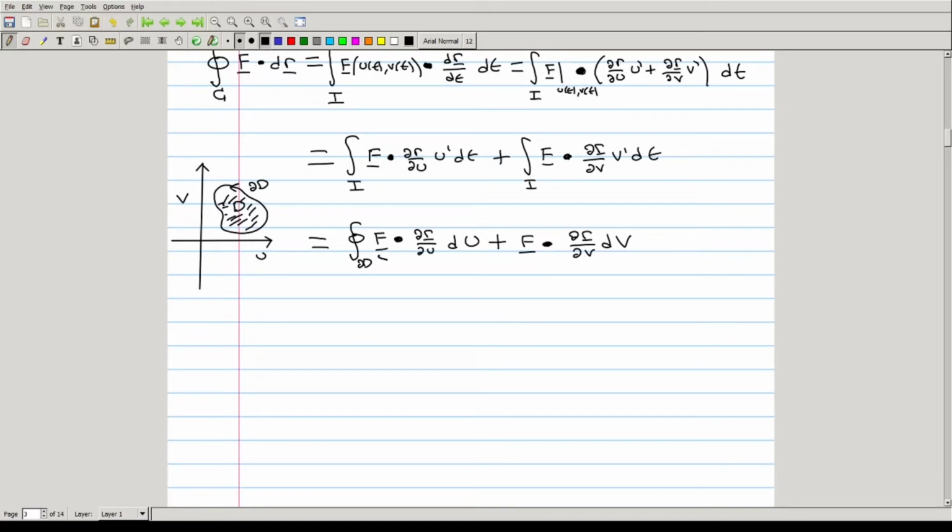So let's make a simplification here to help us out with notation and see where we're trying to go. I'll call this phi1. We'll call this phi2.